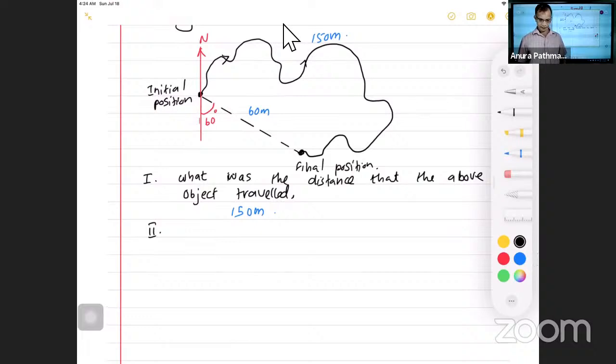Second one, what was the displacement? What was the displacement? What's your answer? Is it just only the 60 meters?